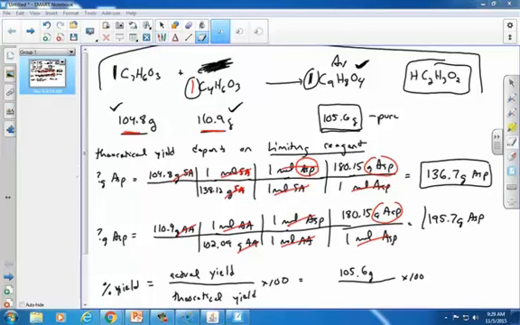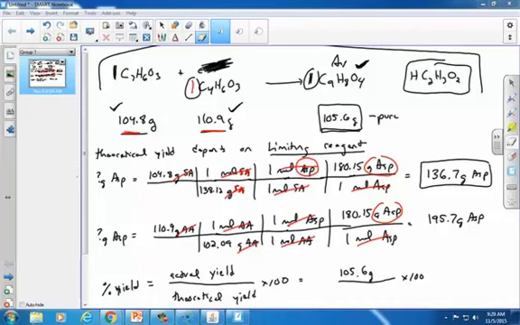I'm not going to put a box around that one because it's not the theoretical yield. The theoretical yield is the maximum amount of aspirin I can make. The first calculation tells me that when I run out of salicylic acid, the maximum amount of aspirin I can make is 136.7 grams.